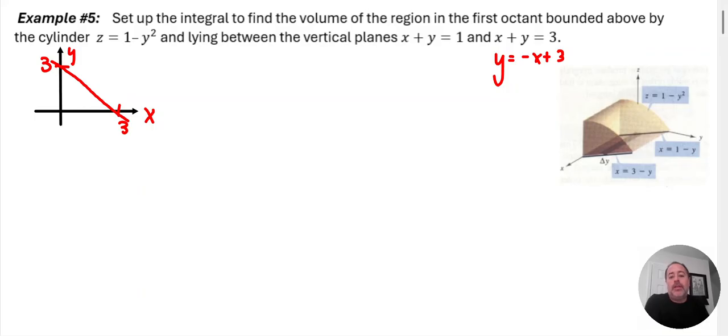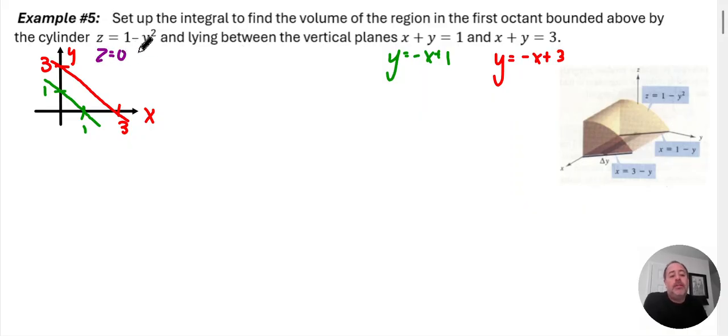Then we look at the equation y equals negative x plus 1. Again, we have a y-intercept at 1 and an x-intercept also at 1, and we draw a region like so. We haven't bounded it too much, so what happens when z is equal to 0?